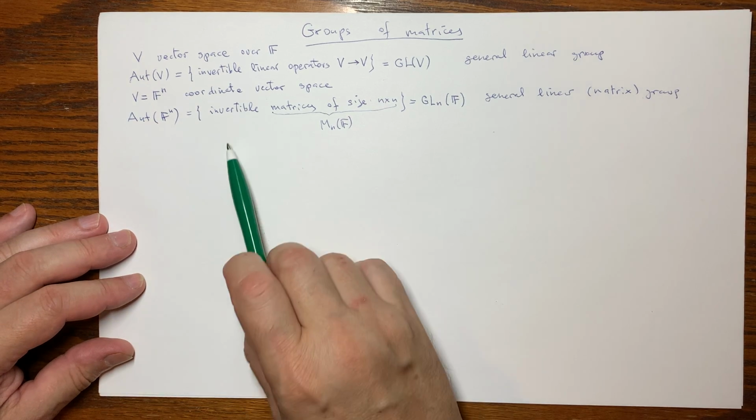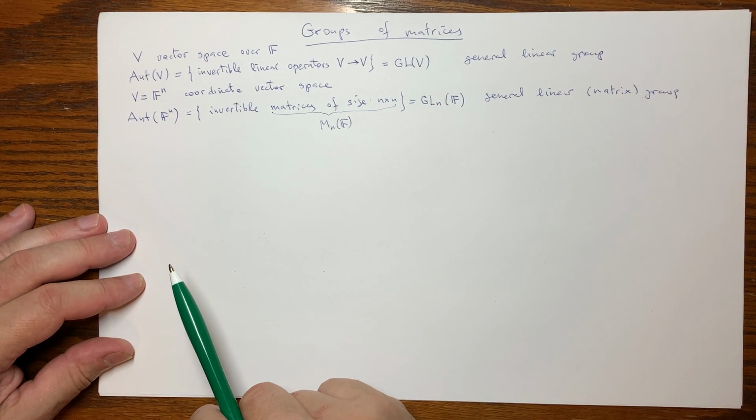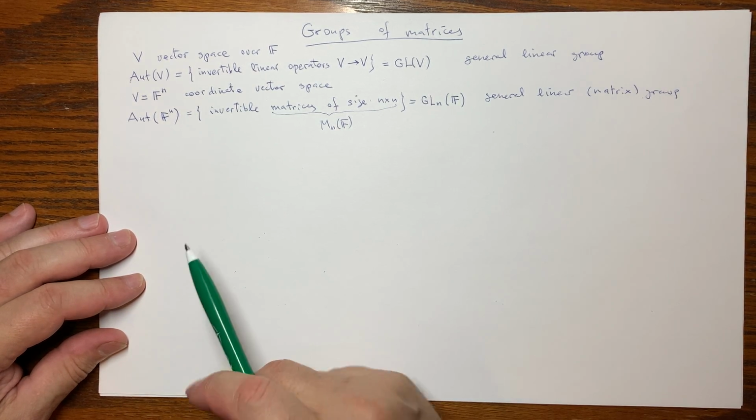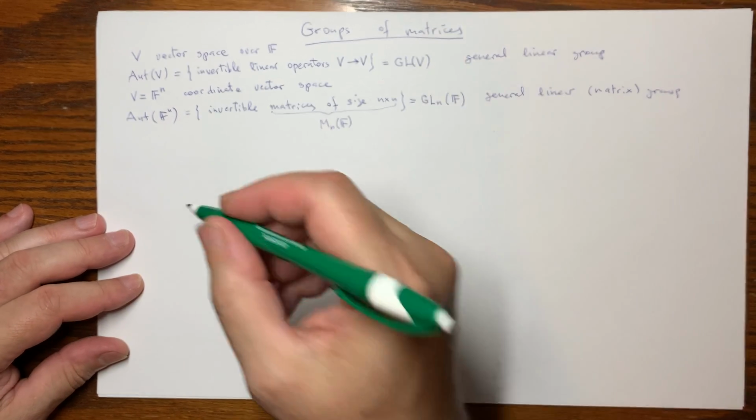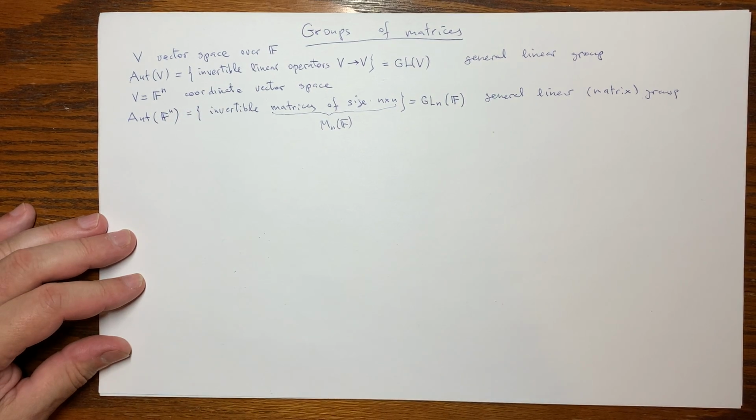The condition of invertibility can be replaced by a certain polynomial condition on the matrix, namely that the determinant is non-zero.